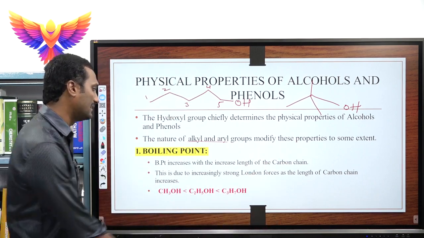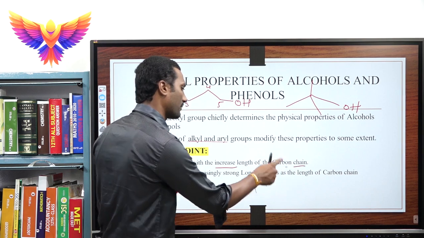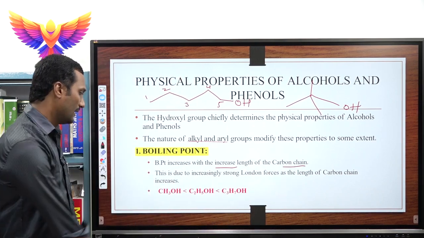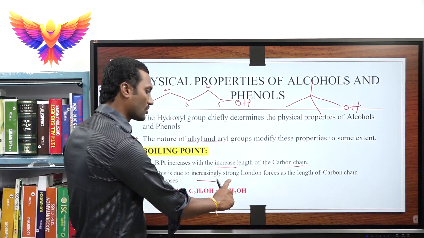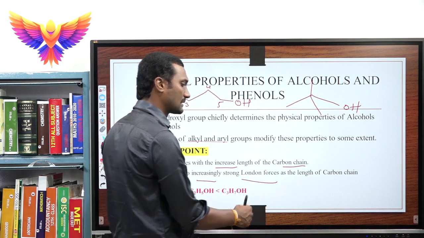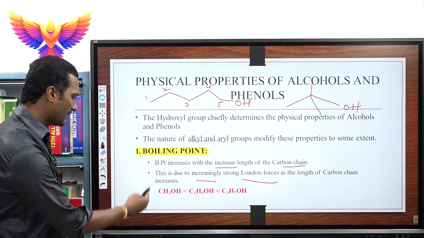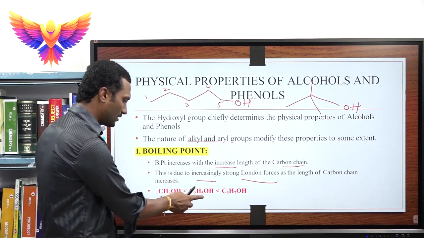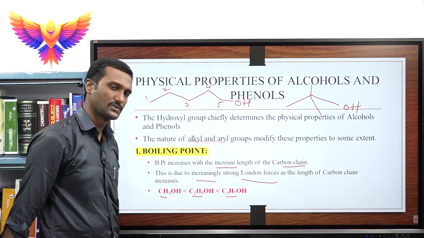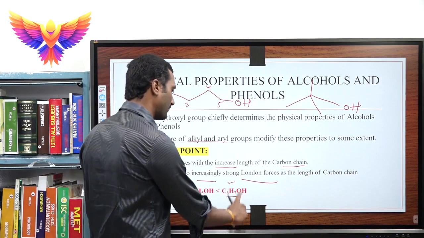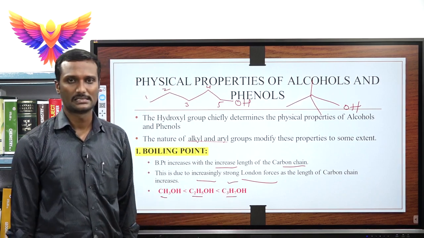The boiling point increases with an increase in the length of the carbon chain. This is due to increasingly strong London forces, the van der Waals forces, as the length of the carbon chain increases. You can observe here 1 carbon atom, 2 carbon atoms, 3 carbon atoms. So when the number of carbon atoms increases, the boiling point also increases.